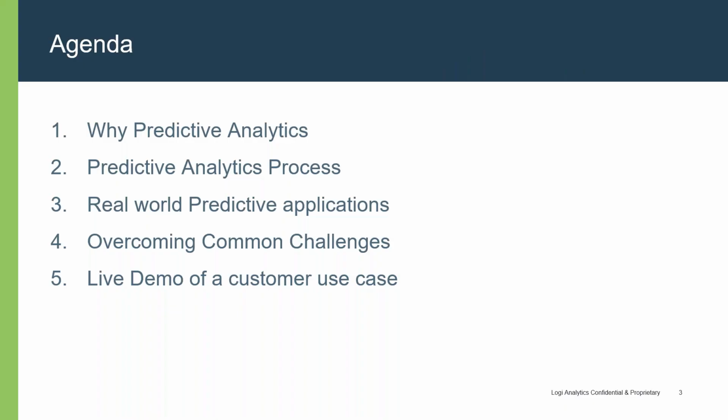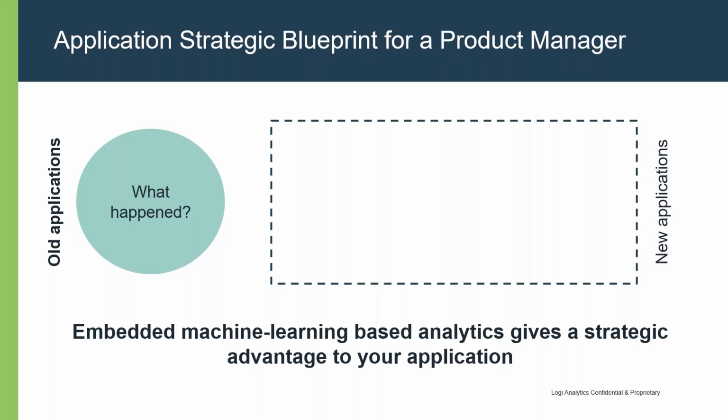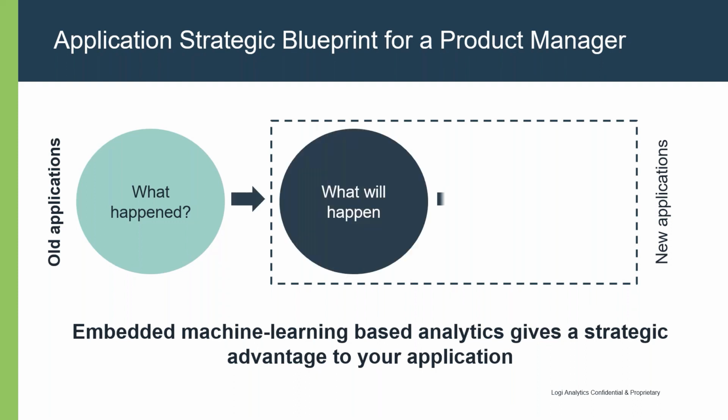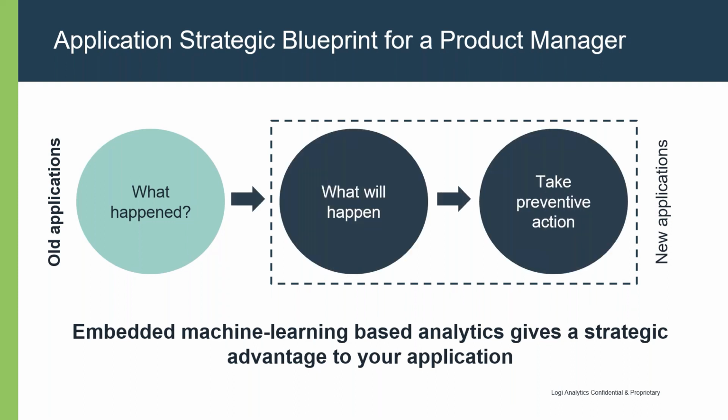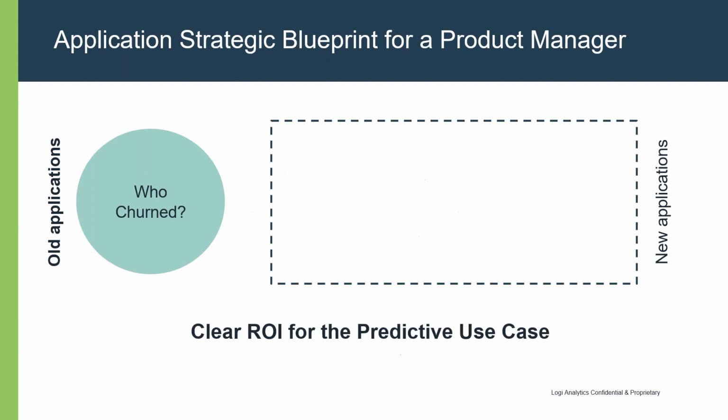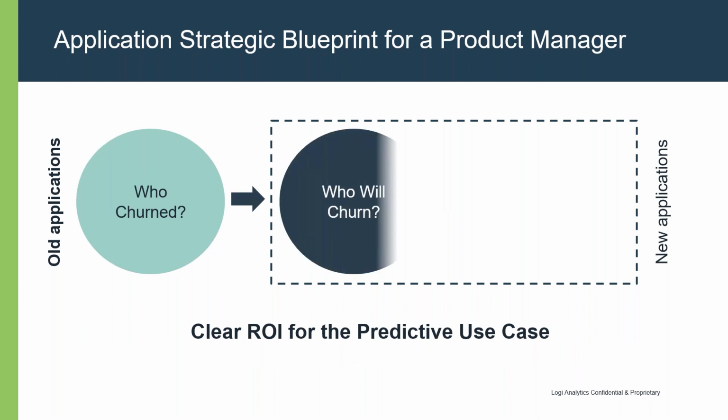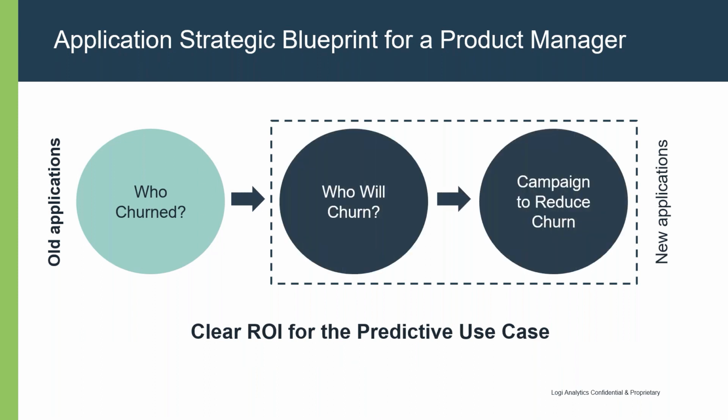Okay, since many missed the slides, I'll quickly flip through so that people get it. I won't talk much. We talked about different use cases for how people want to know what is going to happen. We talked about the customer churn use case, where you not only want to know what happened, but actually want to know who's going to churn and take some clear action.